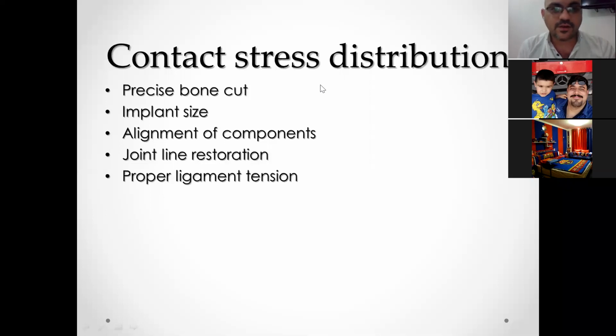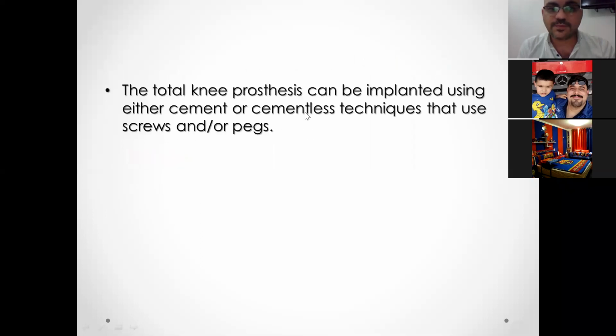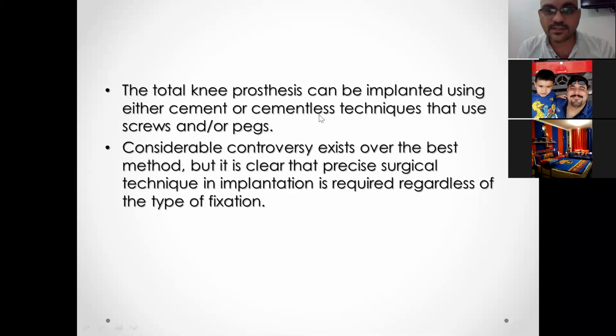Finally, total knee prostheses can be implanted using either cemented or cementless techniques that use screws or pegs. Considerable controversy exists over the best method, but it is still clear that precise surgical technique in implantation is required regardless of the type of fixation.